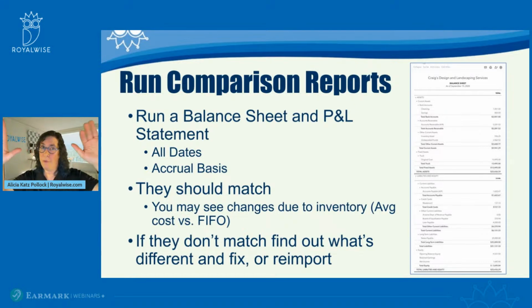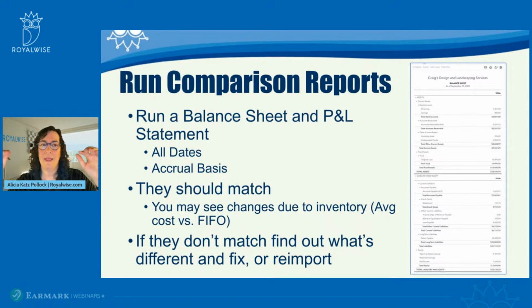And then I'll hold the reports up side by side and go down line by line and make sure that everything came over perfectly. Now, you will see some changes, like the inventory asset and the cost of goods may be different on the two reports, but they should be different by the same dollar amount. And that's because of the recalculation from average cost to FIFO.